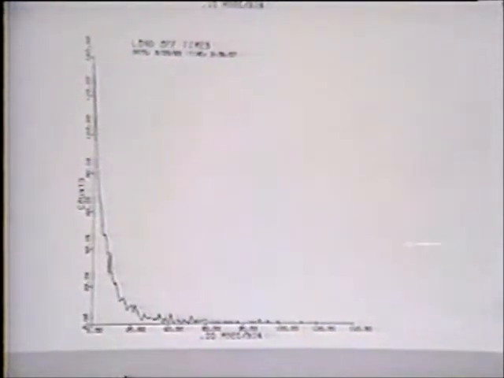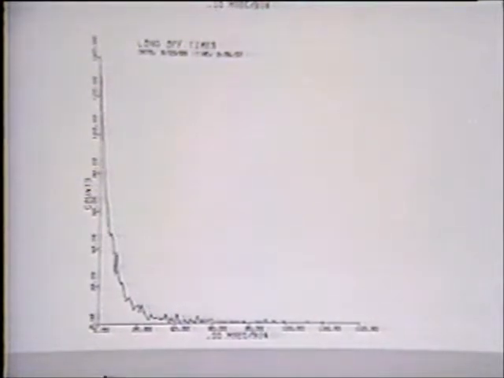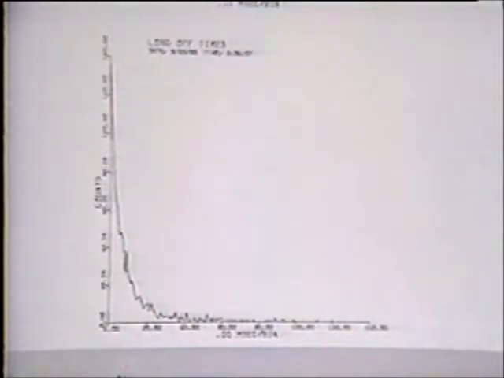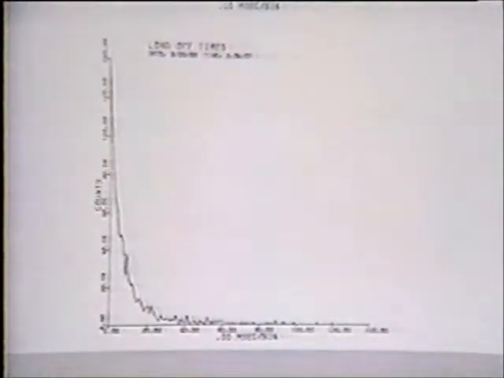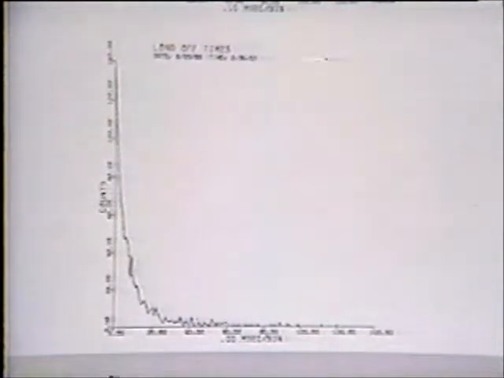On the longest time scale where we have, somewhat mislabeled, 10 milliseconds per bin, you can see another exponential component. In the case of the stretch-activated channel, it's this time constant which is regulated by membrane tension.